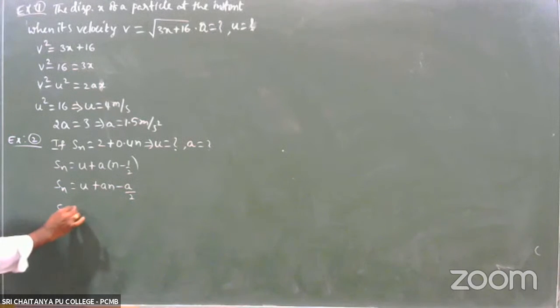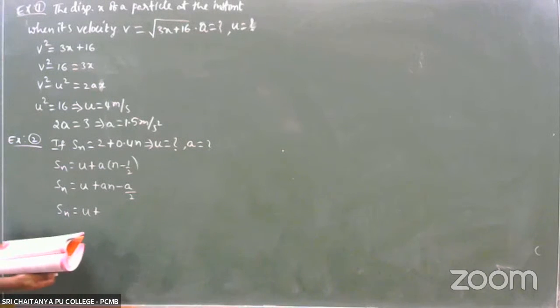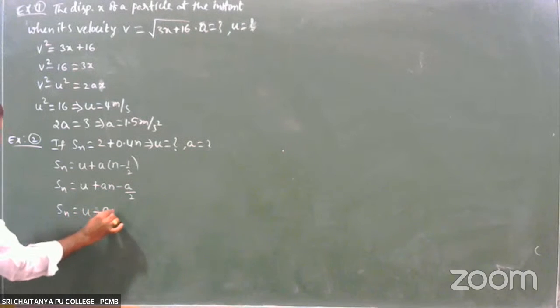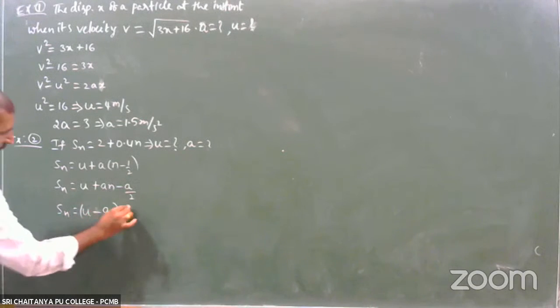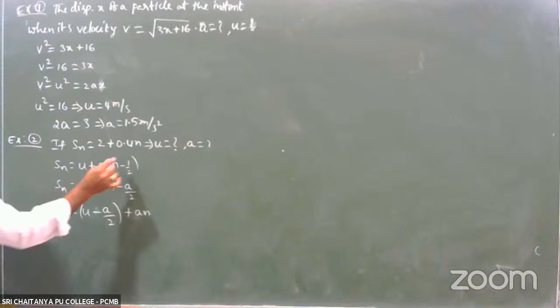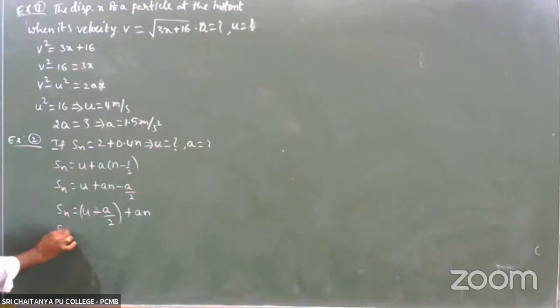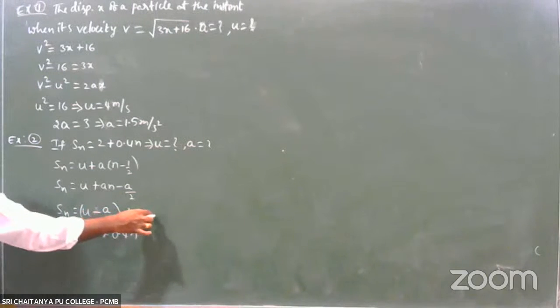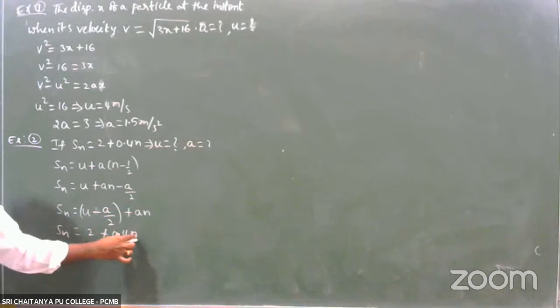Now, Sn is equal to u minus a by 2 in bracket, remaining plus an. Now compare it. The given equation is Sn is equal to 2 plus 0.4 n. Here there are two terms: this is the first term, this is the second term.